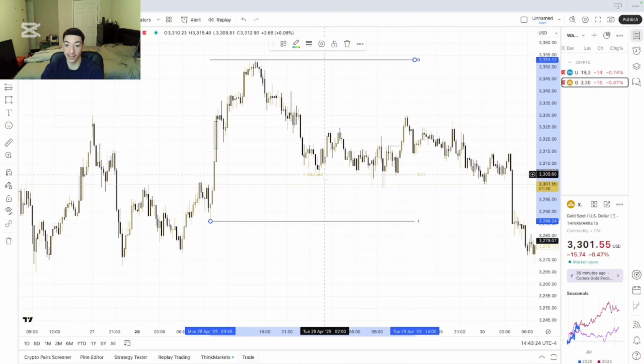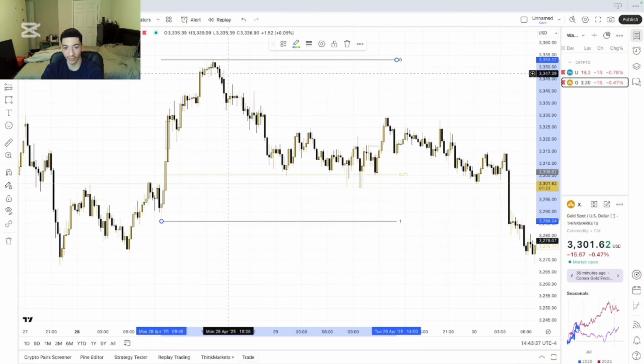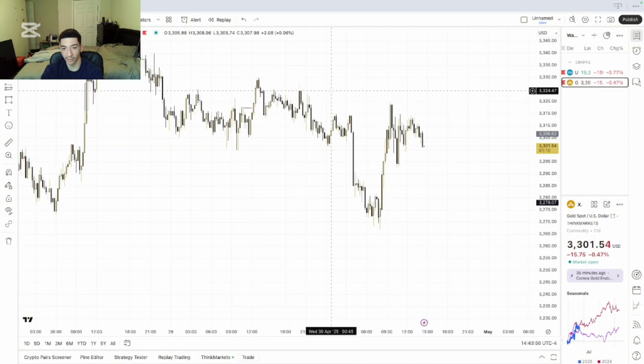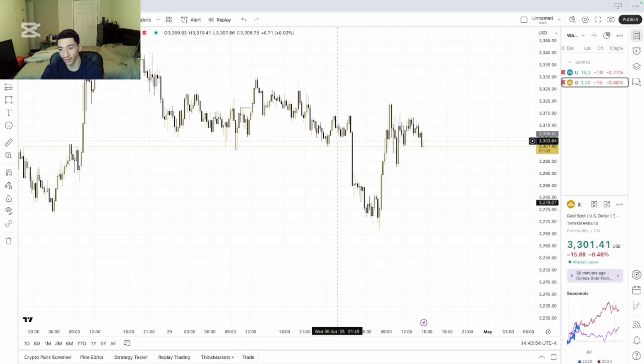Actually, I did enter off of this candle, and we had, I guess, a decent reaction, and then price chopped and came back to entry. I know you're not supposed to interfere with the trade, but I saw that price was just not moving well, so I said, I'll just get out of the trade. I didn't take much of a loss, I think it was like a couple dollars. It just came back to entry. And luckily, my bias was correct because we tanked pretty much in the aftermarket.